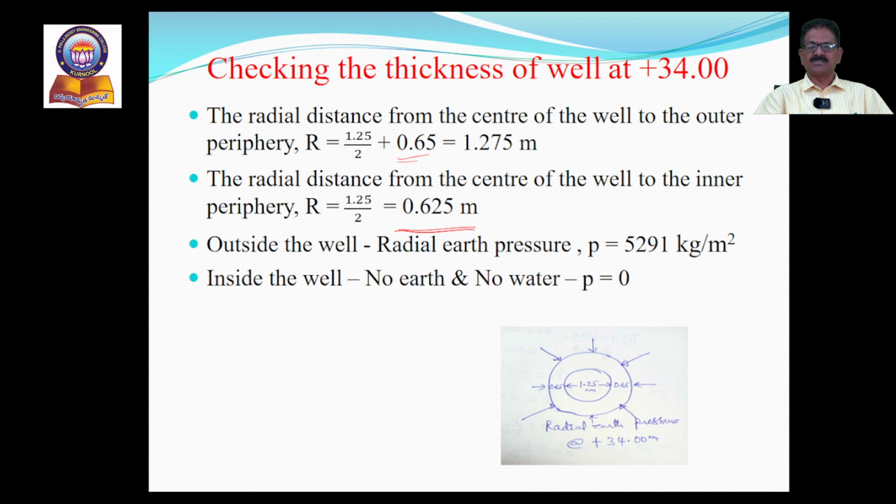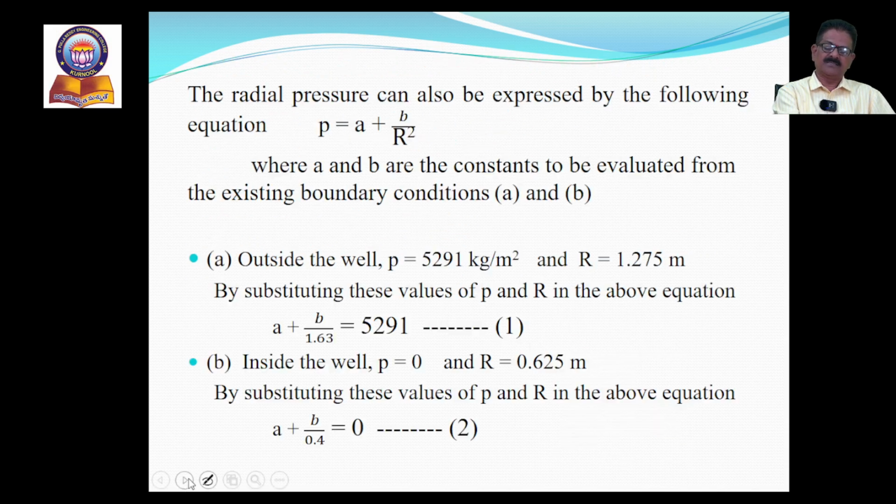And the conditions as usual, the outside well radial earth pressure whose magnitude is 5291 kg per meter square, and inside the well there is no earth and also no water, therefore P is equal to 0. These are the existing conditions. As usual, the earth pressure is also given by the equation P is equal to A plus B by r square. Accordingly, we can establish two equations, one from the outside condition, the second one from the inside condition.